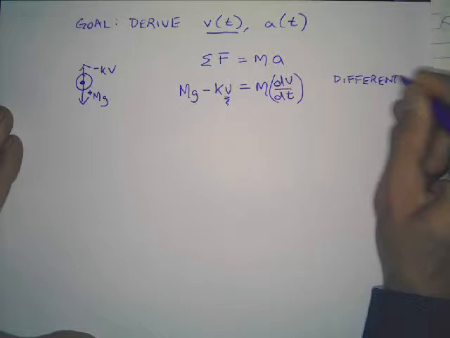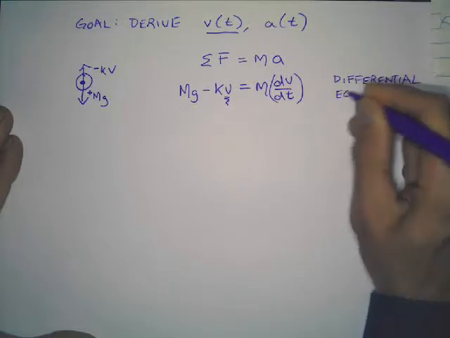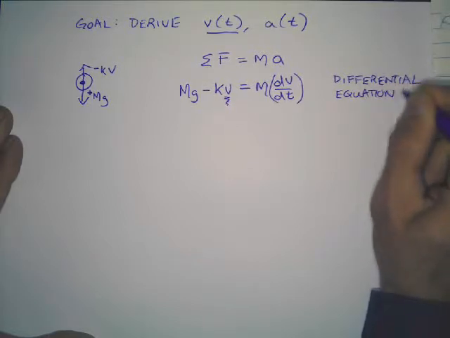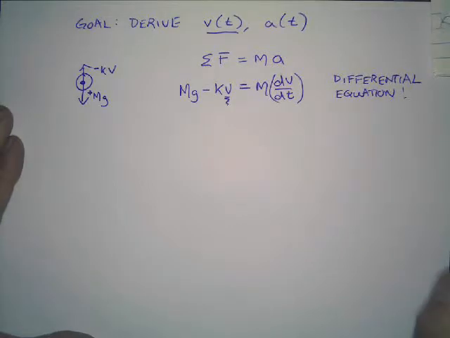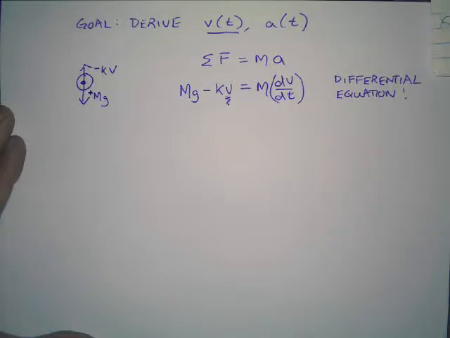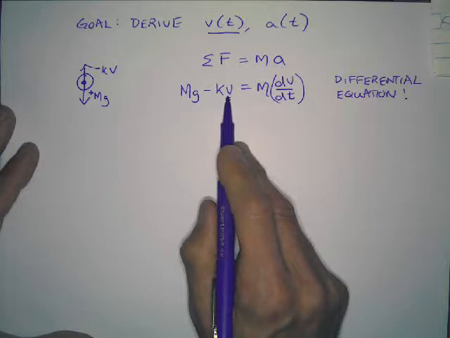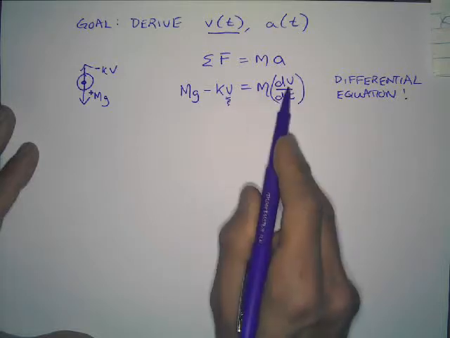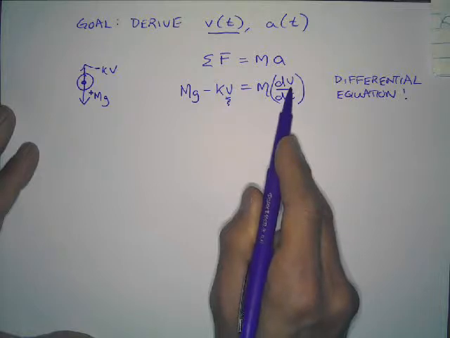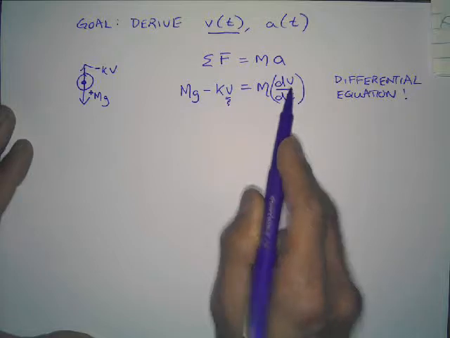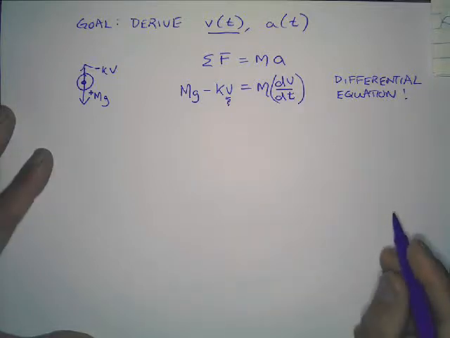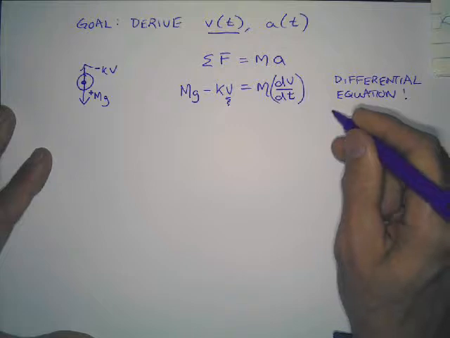Scary. Okay, we've never seen one of these before. And what's interesting about this is that the variable, so to speak, is v. Okay, we want to get v, but unlike other cases, v is not a number. We won't get a solution for v like v is equal to 5 or something like that. Instead, what we're going to get is a function.